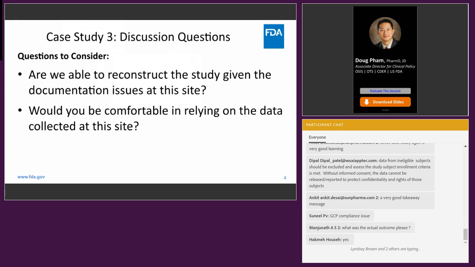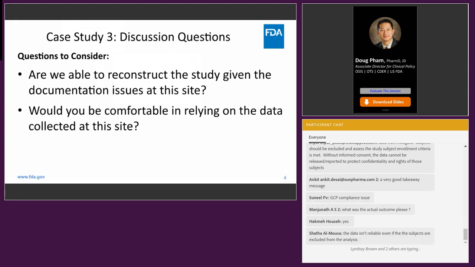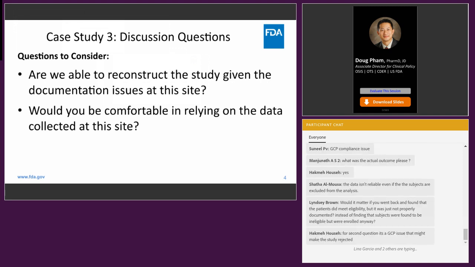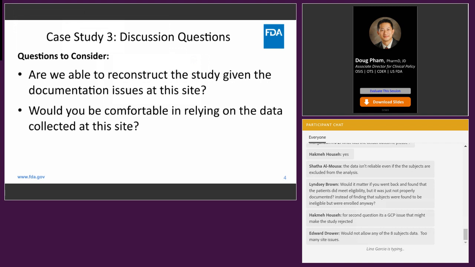And I've seen this both ways when it comes from an application review, where we've relied on some pieces, we may have relied on all of it, depending on the impact on the study, or we've rejected it. So it's gone either way. But it really is important to survey and take a look at the entire site.